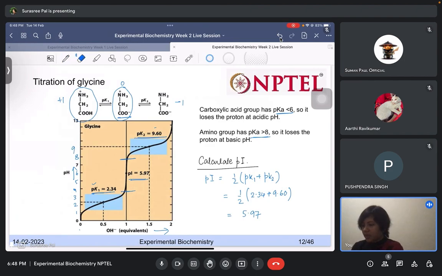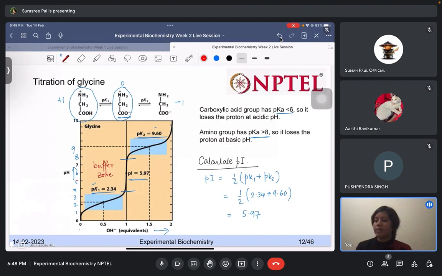So from pH approximately 5 to pH 9, even though pH is increasing, there is no such change in this curve of titration of the glycine. The curve is going straight upwards, and there is no such change. So this is actually the buffering zone, where it is resisting the change. And this is called the buffering zone.